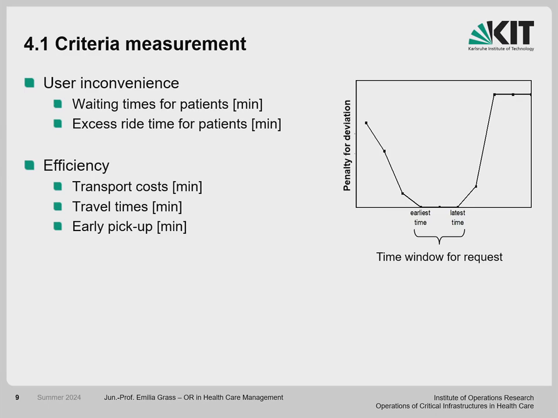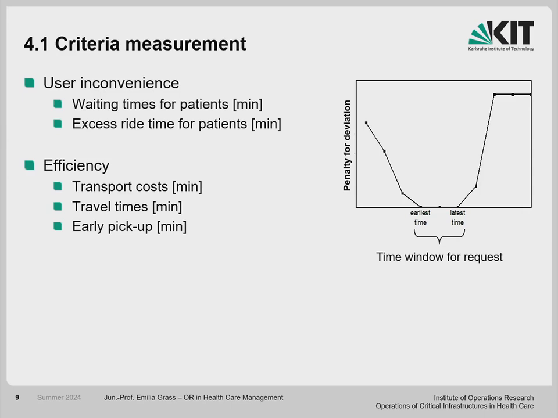We can calculate and determine the transport cost, because fuel has to be paid, staff has to be paid. Then we have travel times, and indirectly, again, fuel consumption, but also early pickup. Then it's too early, we have idle times for the transportation team. So everything that you can see here could be used for penalties.